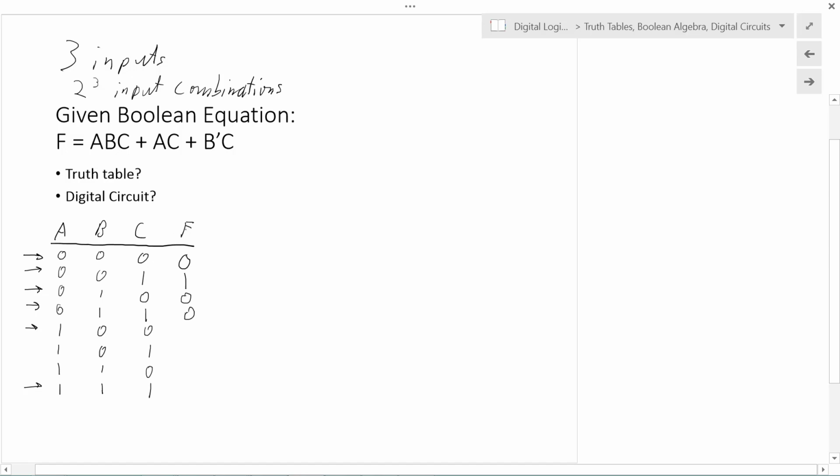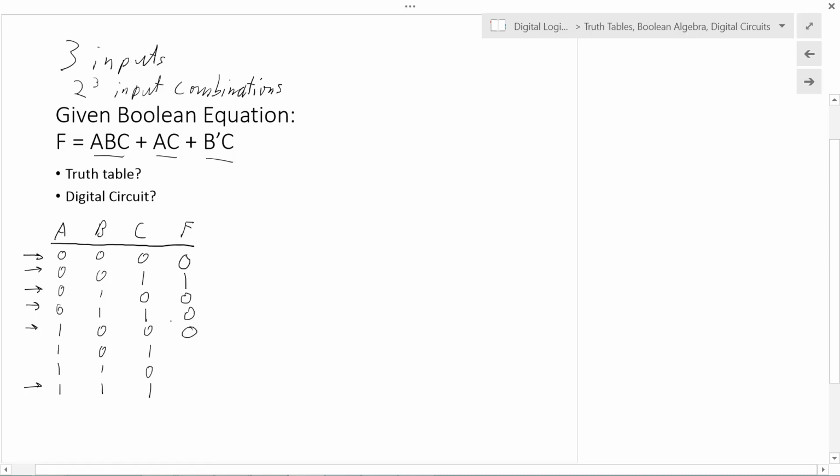A is now equal to 1. So we need to look at the possibility for these two terms. However, C is 0, so we can immediately discount all three terms. C is 0, ANDed with anything is 0.